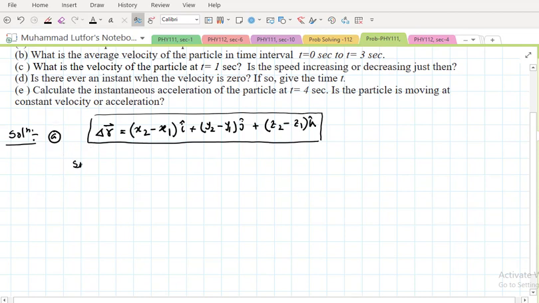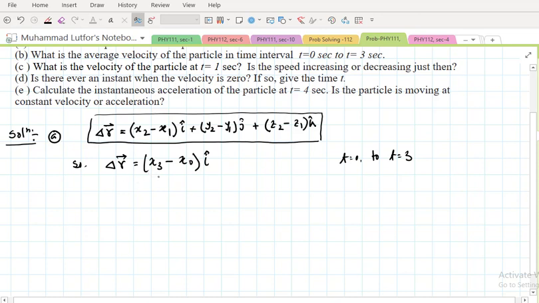So for our case, since they are asking me to find the displacement between time t equal 0 second to t equal 3 seconds, I'll write del r equal to (x3 minus x0) i hat. That should be my displacement equation.